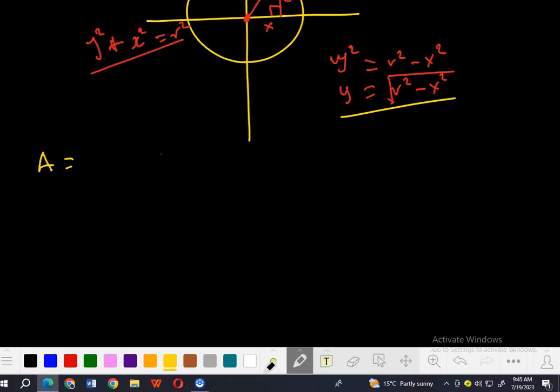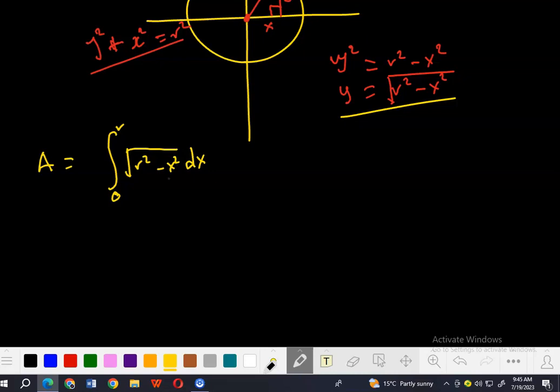Area is going to be equal to the integral. The integration is written like this: from 0 to r of this function that we have here, which is the square root of r squared minus x squared, with respect to x, write dx.